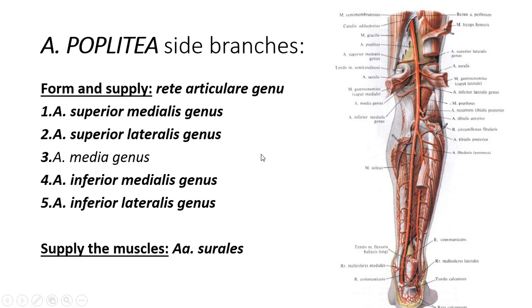So in general we have these four branches, and the last branches are the arteriae surales, and you can see these arteries will go to supply the parts of the musculus triceps surae.